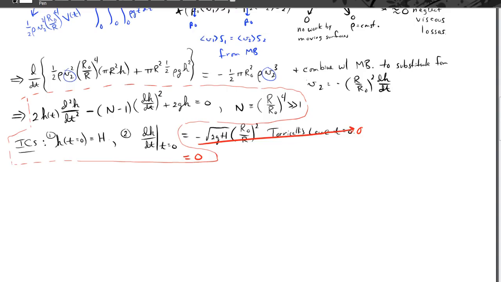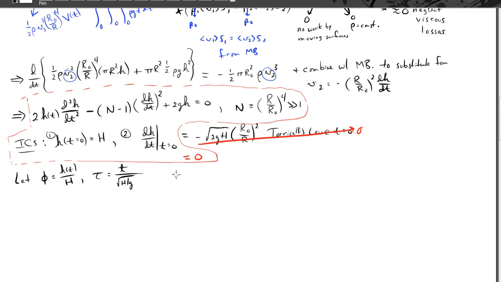Now we can also write this equation in dimensionless form if we like. We can say let phi equal h of t over capital H, and let tau equal time divided by the time scale. And the time scale will be the square root of H over g.